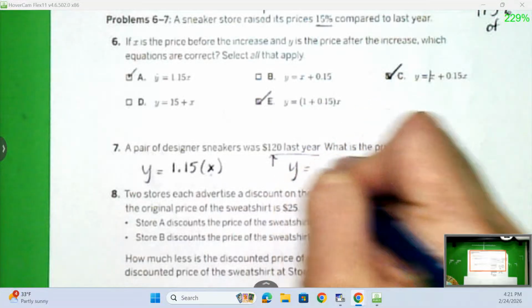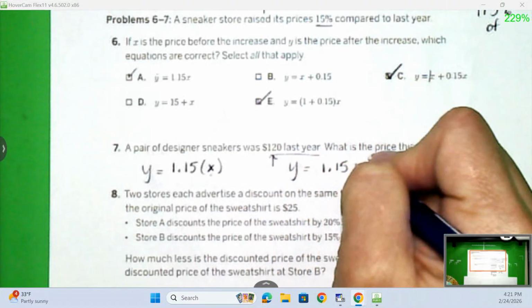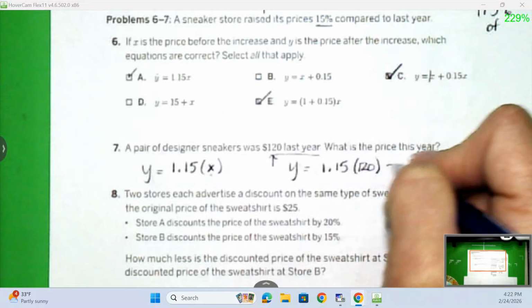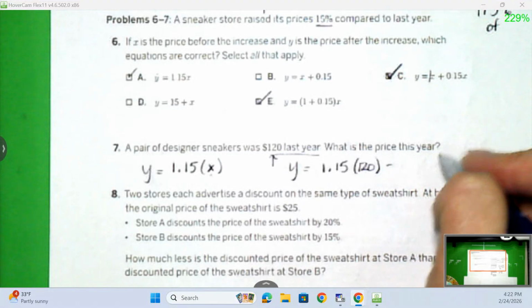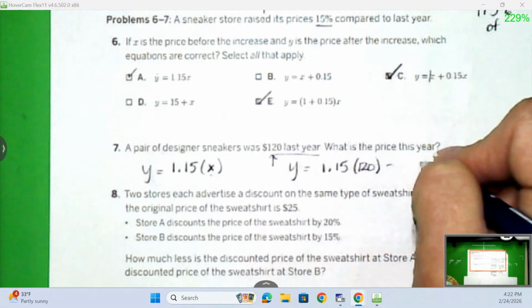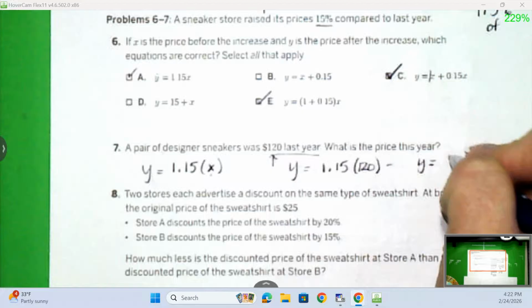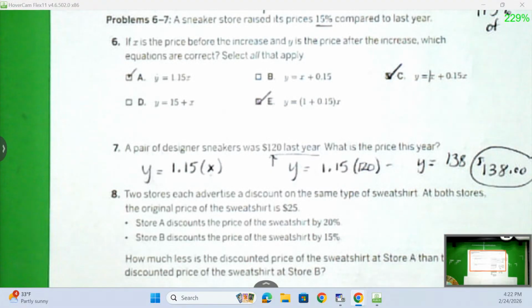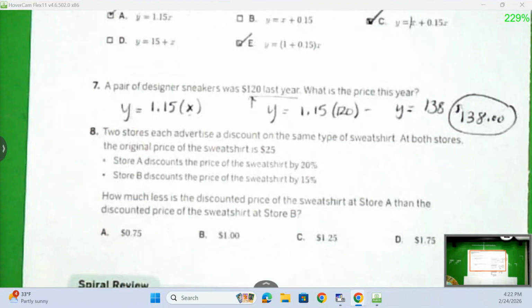So Y equals 1.15 times 120. And if we work that out on our calculator, we get Y equals 138. So $138 would be the new price of the sneakers.